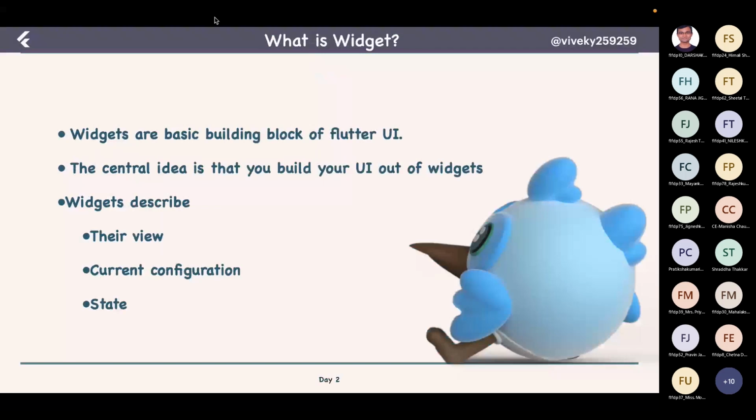So what is this widget? Widgets are the basic building blocks of Flutter UI. What is a basic building block? That means whatever you see in a Flutter application is actually a widget. Everything on the screen of the application is nothing but a widget.